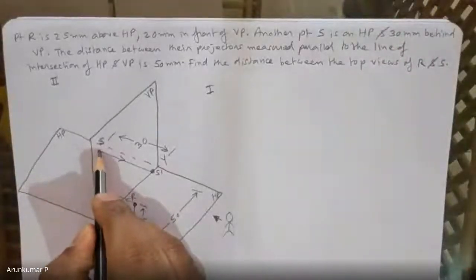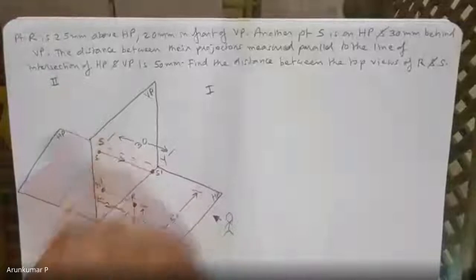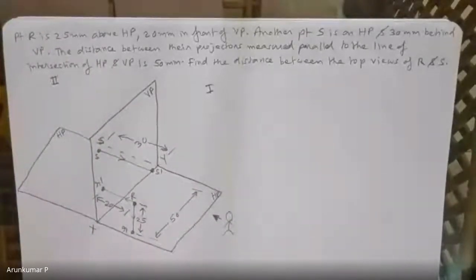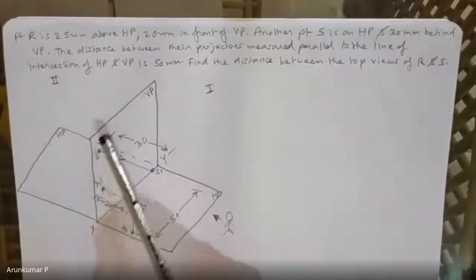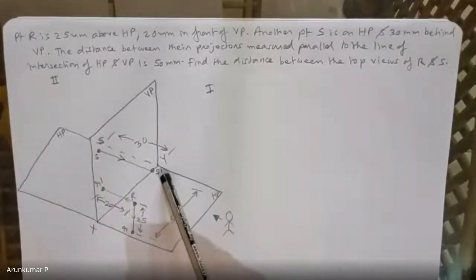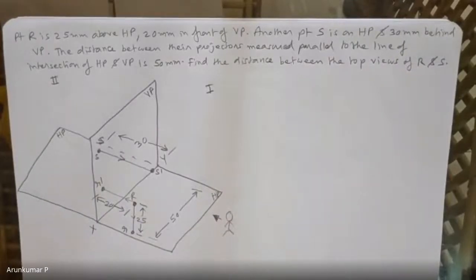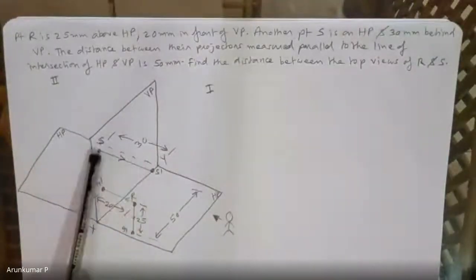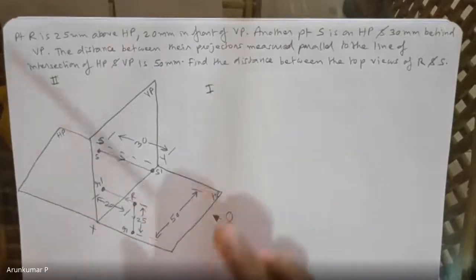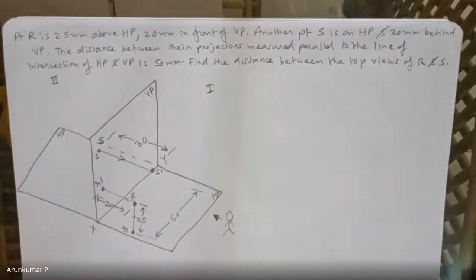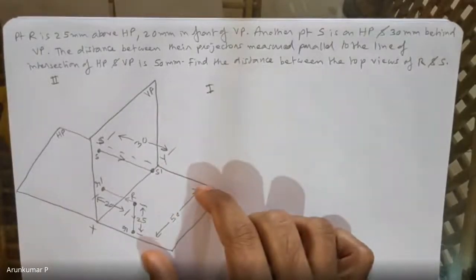Where you have the point S, there only you will get the small s, top view. Because we know when the point is on HP, the top view and the point are at the same location. The front view is on XY line. Now, S and S dash, this is the projector line of the point S. R dash and R, this is the projector line of point R. What is the distance between the two? 50 mm. The distance between the two projectors is 50.